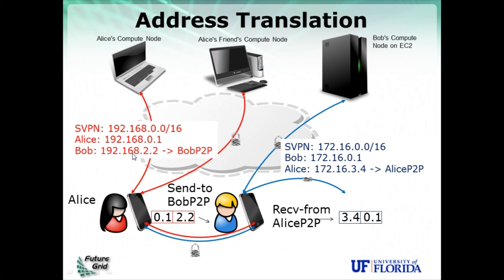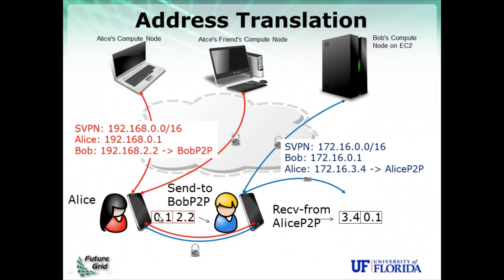And the mapping between this virtual IP address and the P2P overlay address of Bob is stored by Alice. So that's private to Alice. It doesn't have to be shared with others like it was in the group VPN through the use of a DHT. So when Alice sends a packet to Bob, there's a process of translating addresses here.